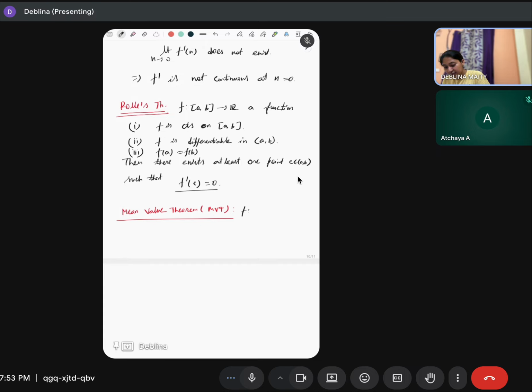So f is a function from closed AB to R such that f is continuous on closed AB, f is differentiable on open AB.